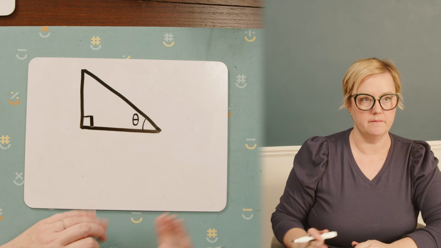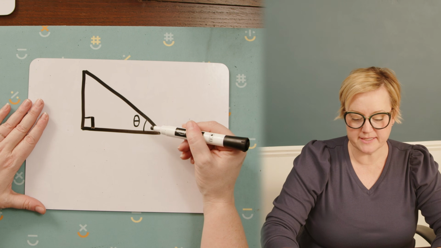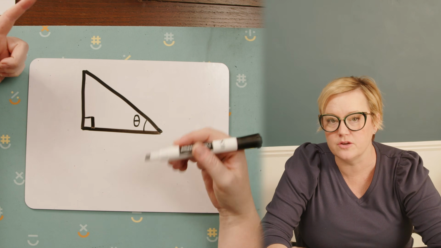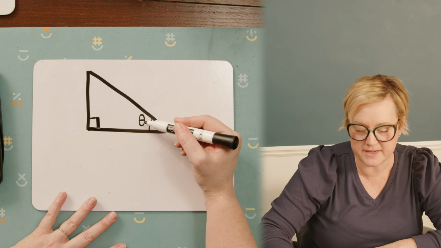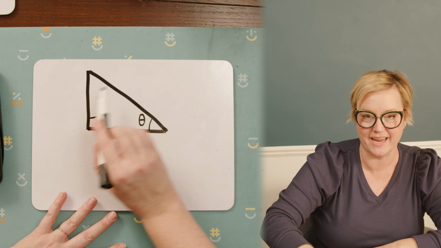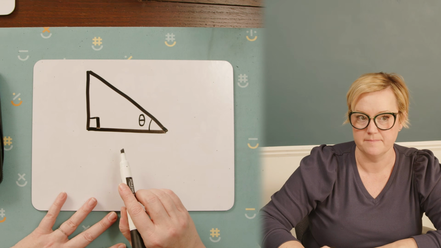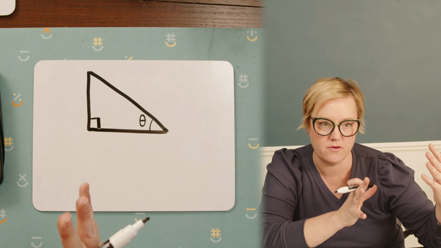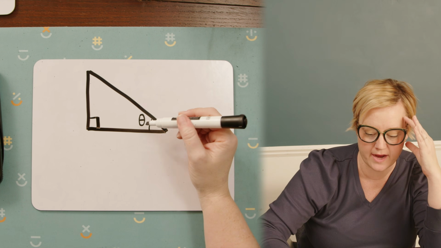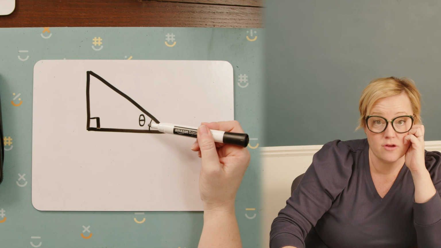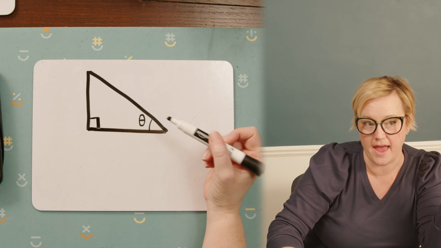So if this angle is theta, or this one can be theta, it doesn't really matter. Whatever this theta angle is, it's going to determine these particular side lengths, because a right triangle has to fit in with the Pythagorean theorem, and the angles are also tied in with that, okay?